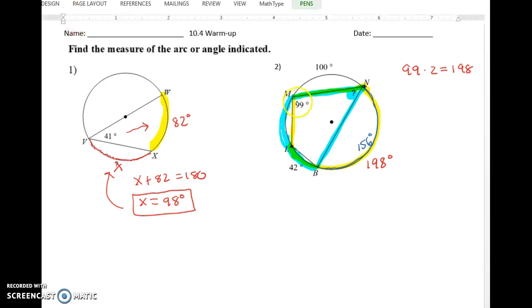Well, to find just this section here, I'm going to subtract all of my other arcs from 360. I'm not going to use the 198 because the 198 is all of this.